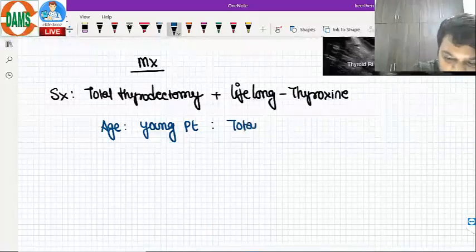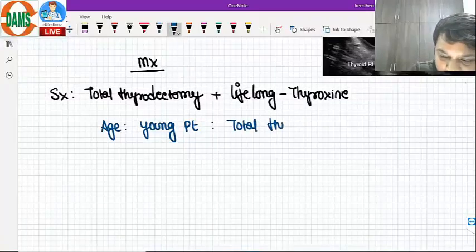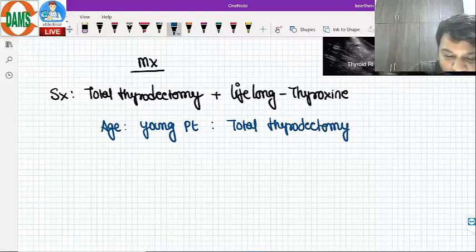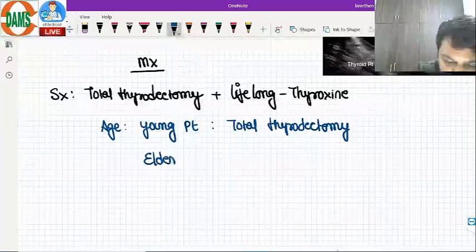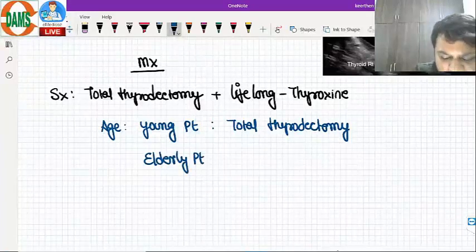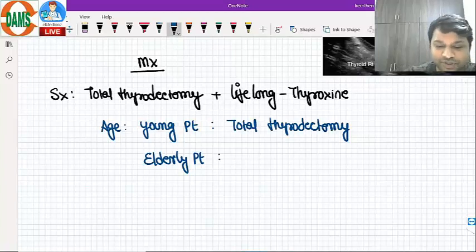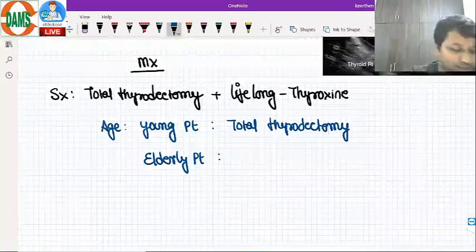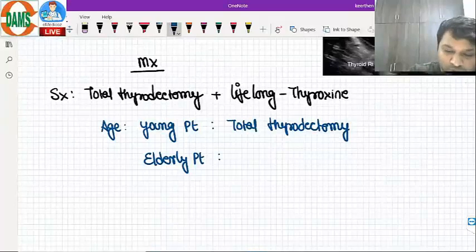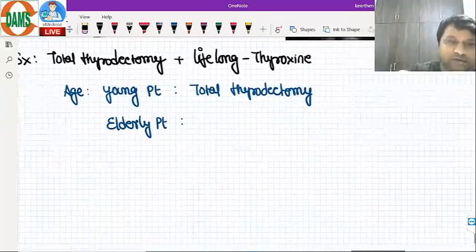The treatment of choice is going to be total thyroidectomy. On the other hand, if you have an elderly patient, elderly patients are usually associated with one or two comorbidities. There'll be contraindication for surgery, or they may not be able to tolerate surgery well. In those patients, now the thing becomes tricky.